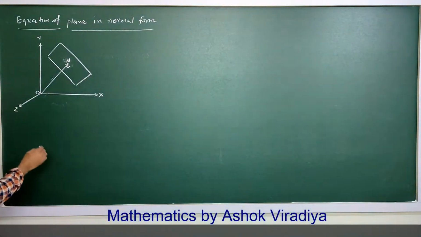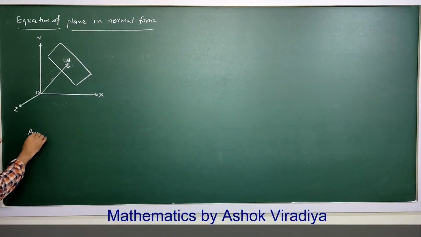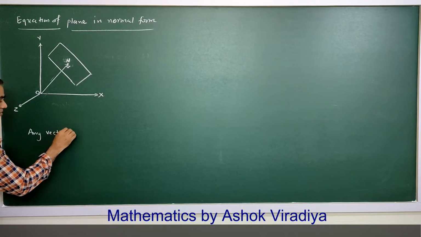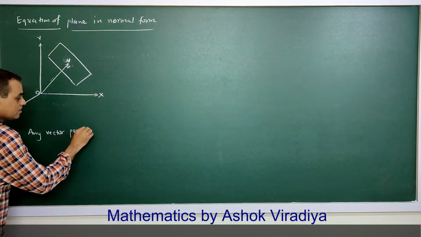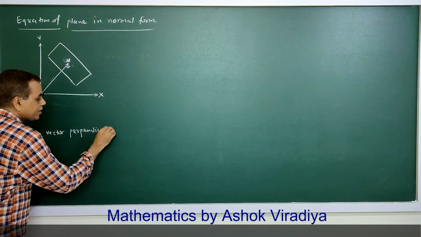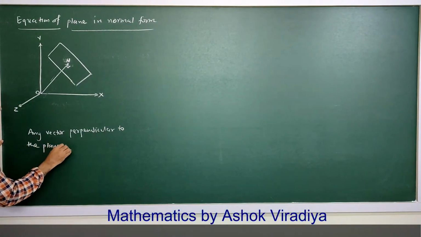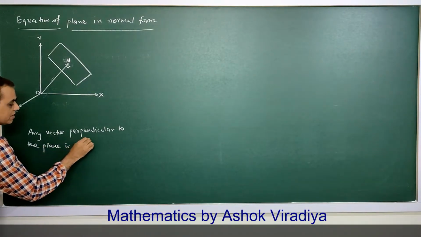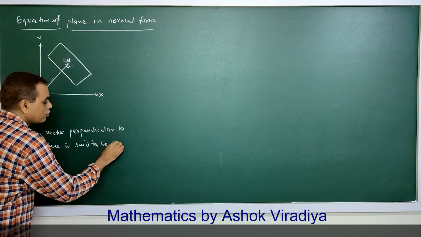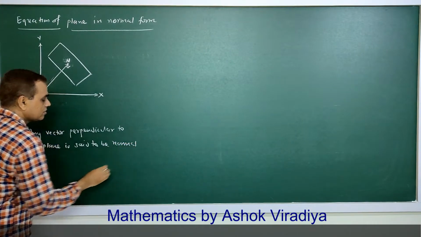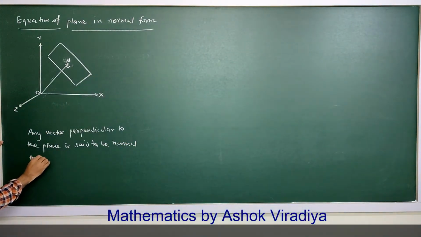So first statement I am putting here, meaning of normal: any vector perpendicular to the plane is said to be normal to that plane.